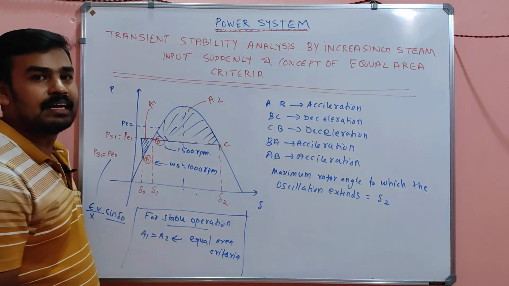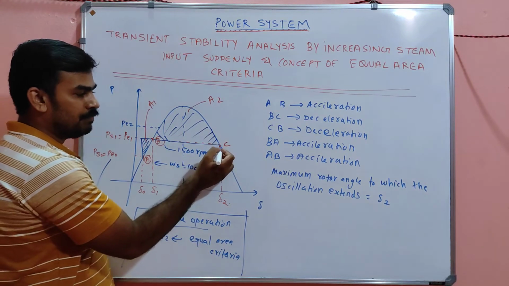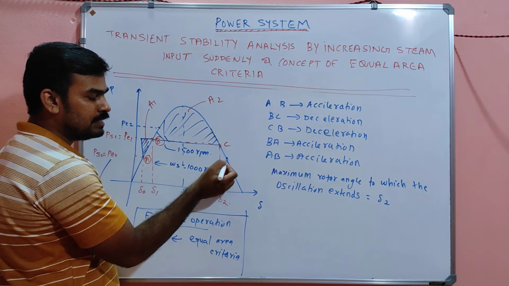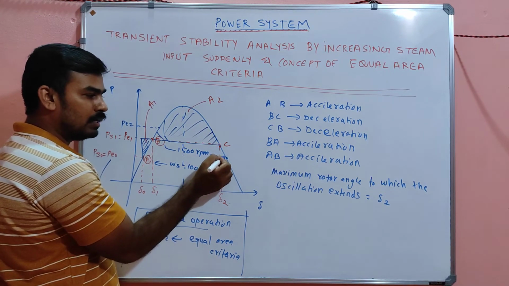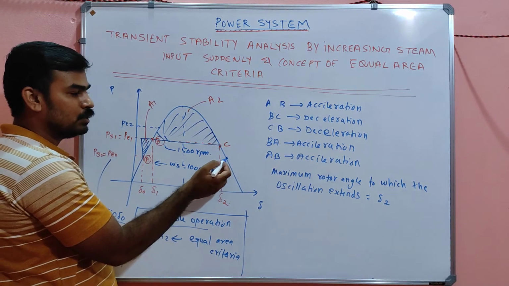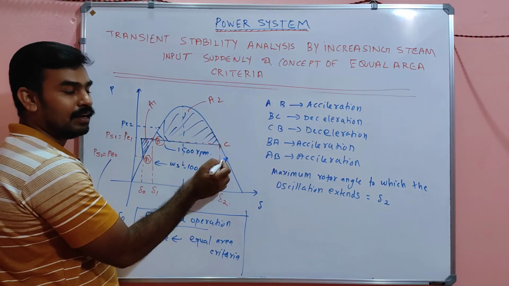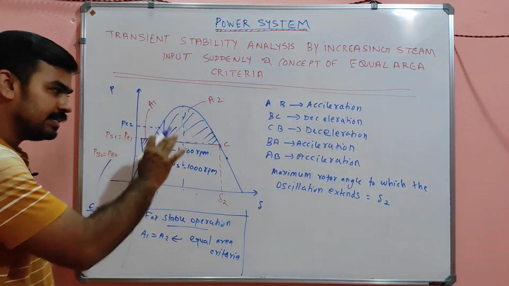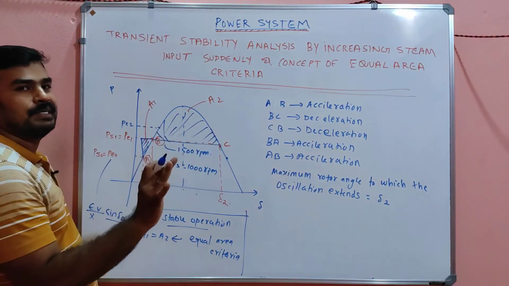That will be an unstable region, because if you move this point below this one, the electrical input will be less than the mechanical input, right? So it will accelerate beyond point C. It will not decelerate further. So maximum up to point C.